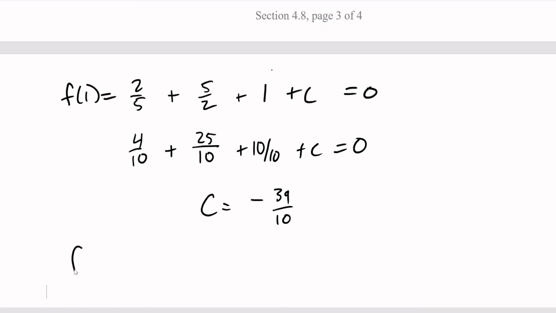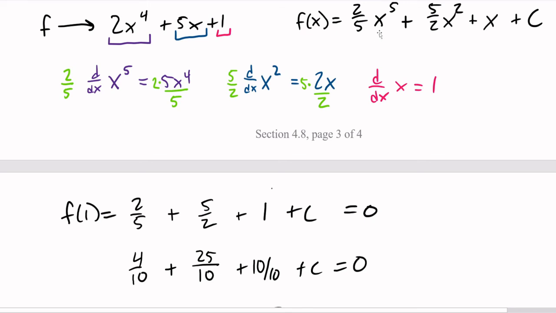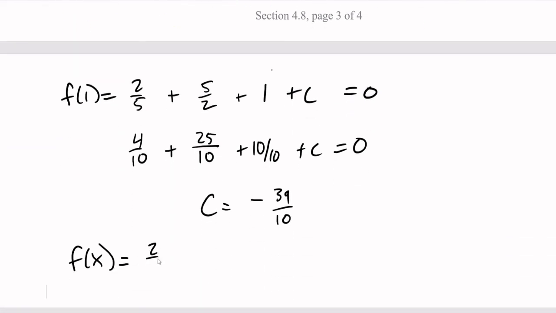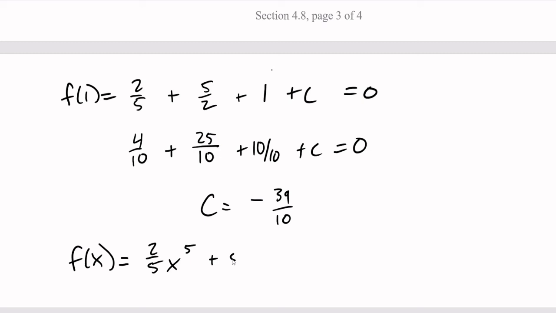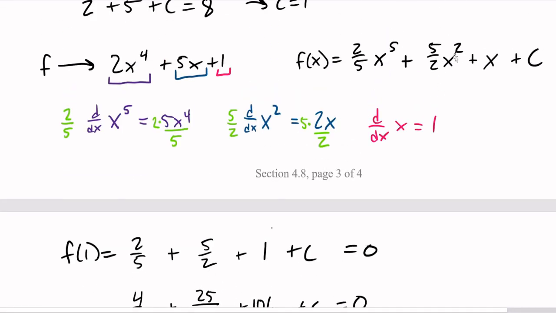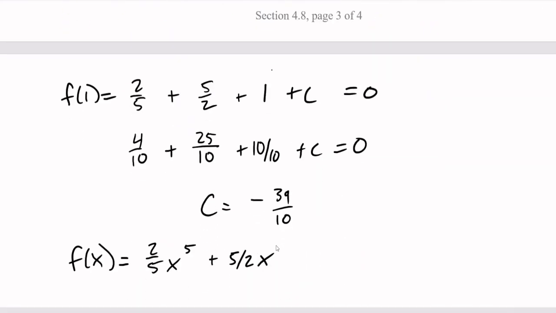So then altogether, f of x is going to be, let me just go back up here, 2/5 x to the 5th, okay, plus 5/2 x squared, right there, plus x plus negative 39 over 10, which we can rewrite as a minus. Make it a little neater. 39 over 10.